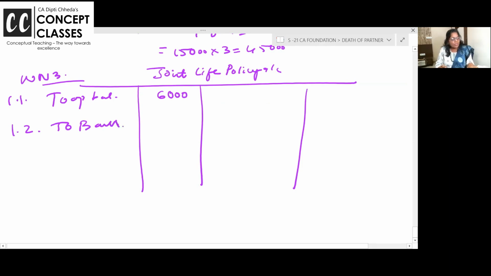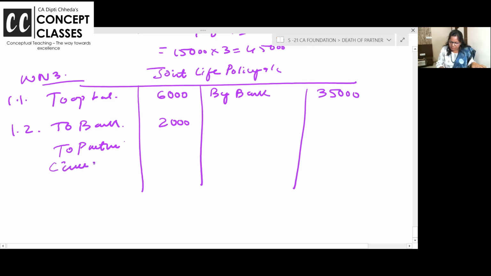Read the problem, 4th line below the balance sheet: 2,000 premium is paid by bank. And 35,000 came from the joint life policy. So what is the profit which will go to partners? Current account. If they say take joint life policy in the capital account, take it there. Otherwise, take it in the current account.